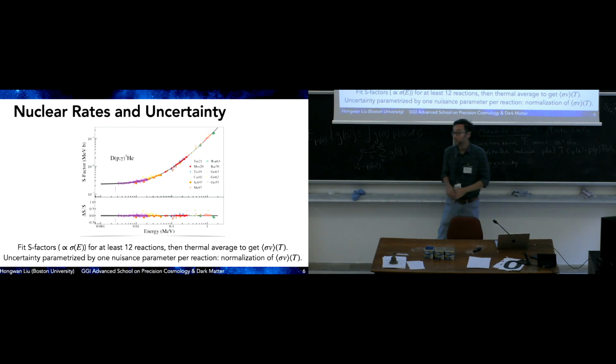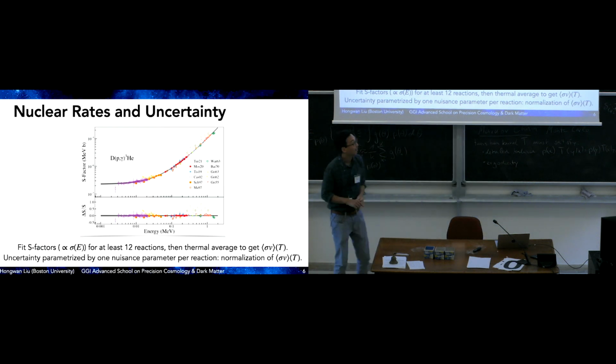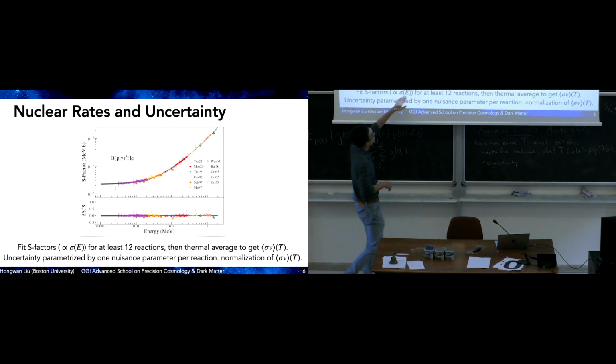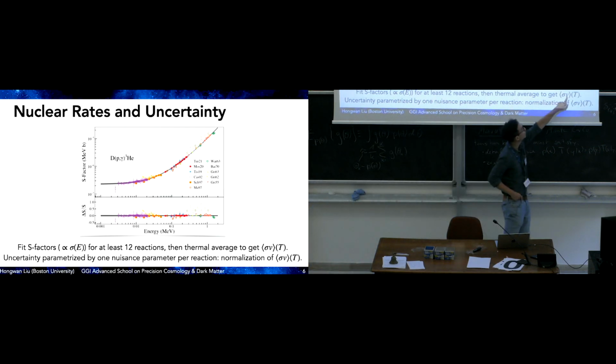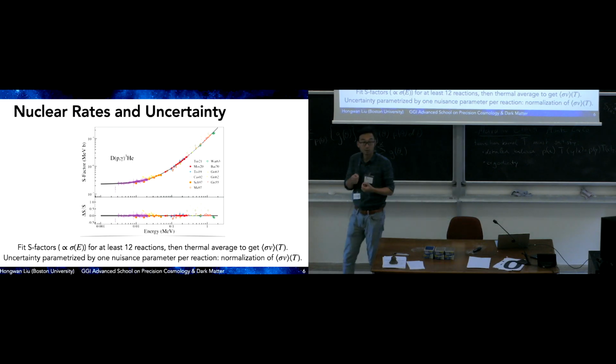A quick word about nuclear rates and uncertainties, which are the main uncertainties that BBN is subject to. So you need this number here, sigma v, as a function of temperature. Sigma v just tells you the thermally averaged cross section of two particles coming together and reacting. But the data that you have is the cross section as a function of energy.